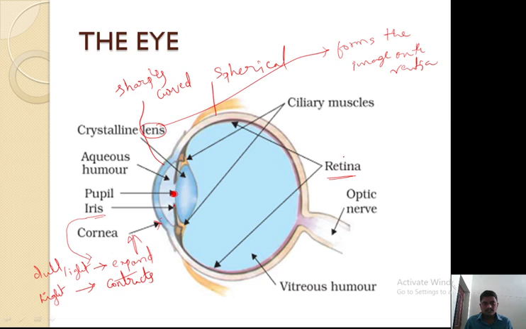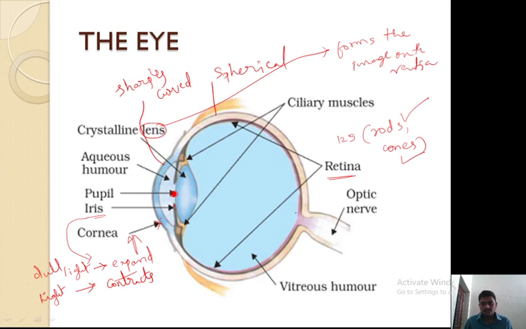The retina contains a number of nerves. It has 125 million nerves, and there are two types of nerves: rods and cones. Rods identify color and cones identify intensity of light.